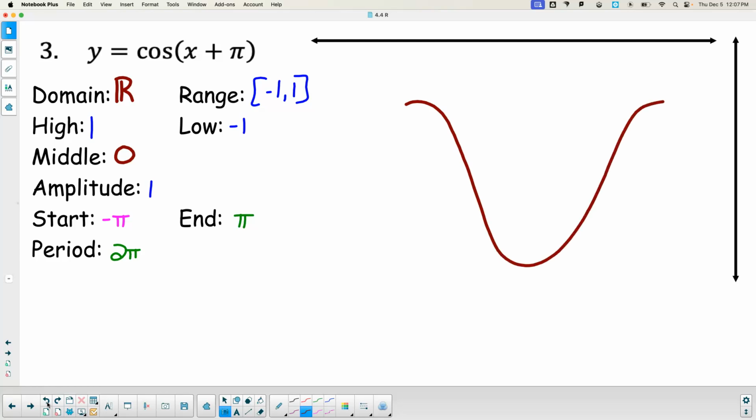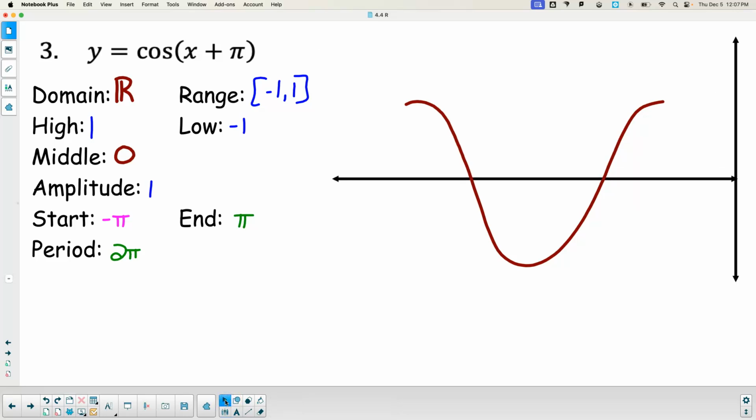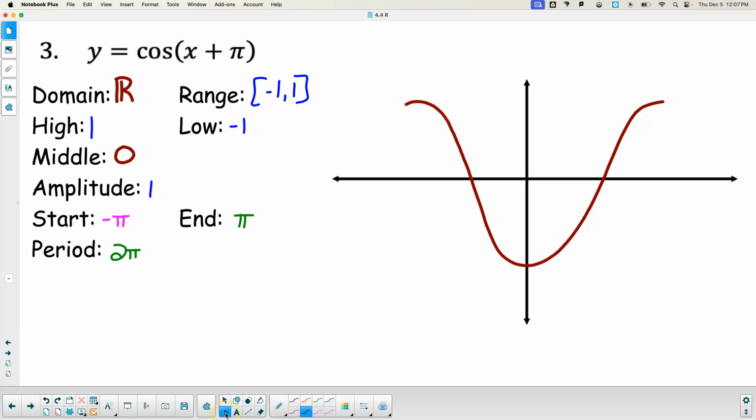Okay, middle is at 0. My vertical axis, my y-axis is also going to be in the middle. Starts at -pi, ends at +pi. In the middle is 0.